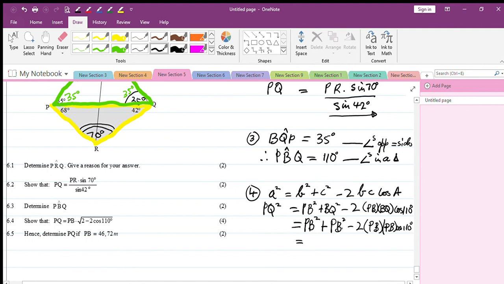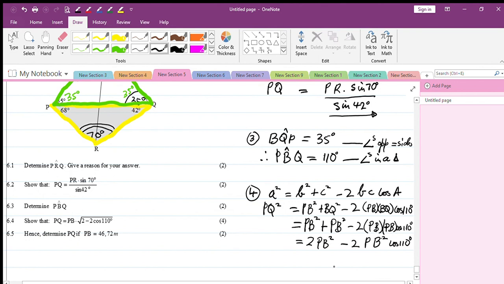PB squared plus PB squared will give me 2 PB squared minus PB times PB is PB squared cos 110 degrees. Now, if you look carefully, we need to get a common factor here.